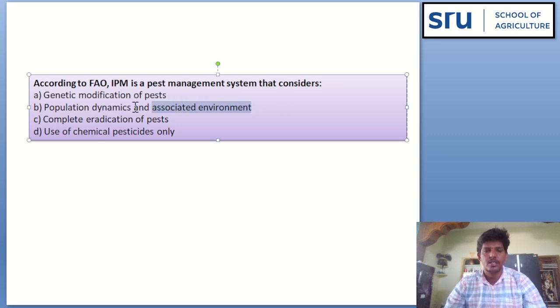Here the correct answer is population dynamics and associated environment. According to FAO, IPM is a pest management system that considers population dynamics and associated environment.